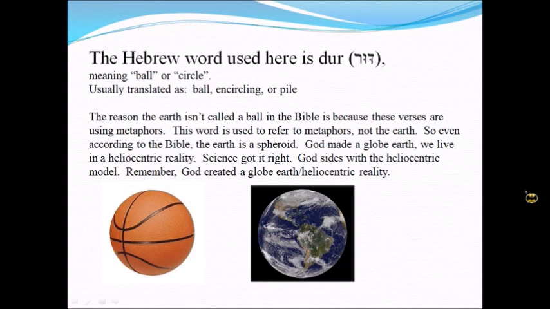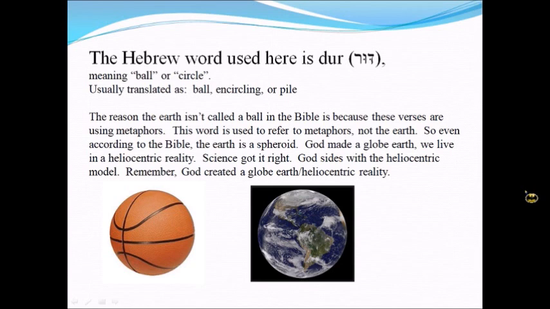Next slide. The Hebrew word used here is dur, meaning ball or circle, usually translated as ball, encircling, or pile. The reason the earth isn't called a ball in the Bible is because the verses are using metaphors.